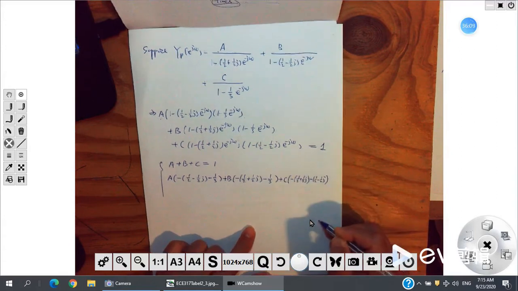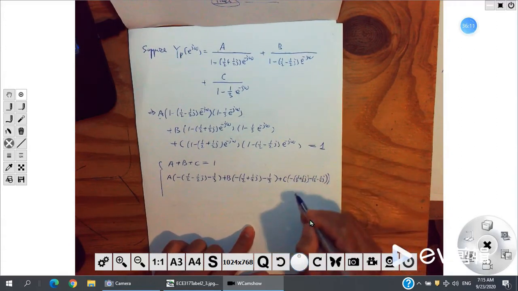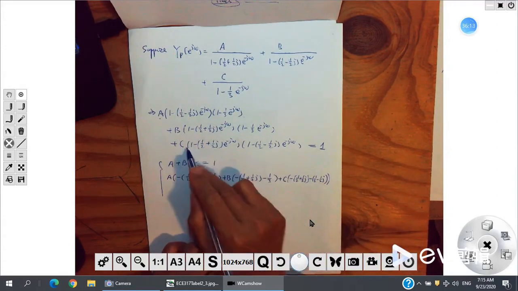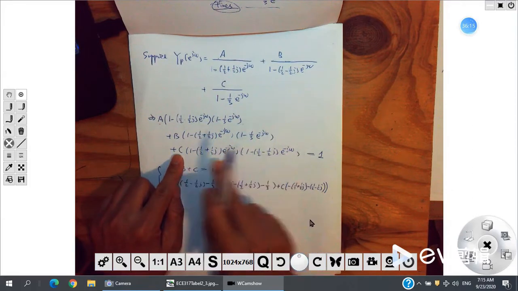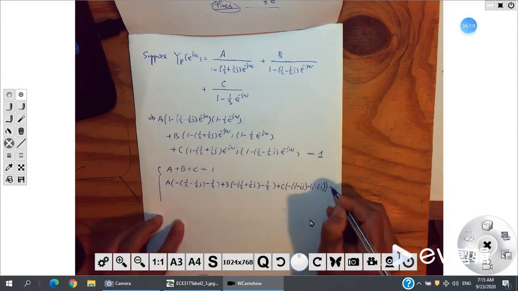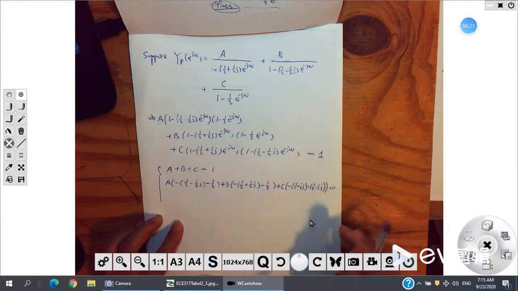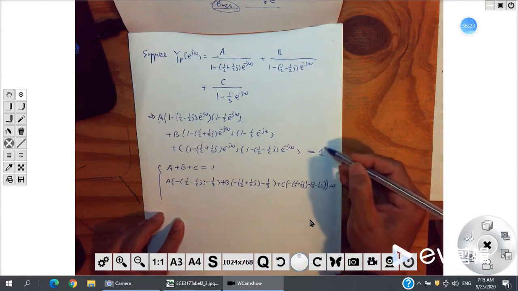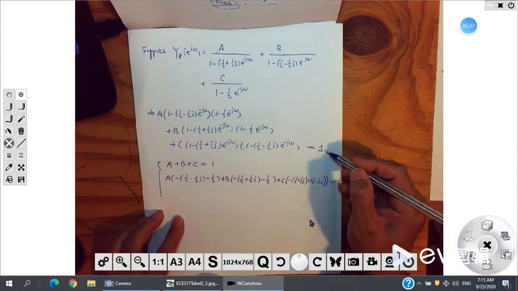Okay, so this gives us the coefficient of e to the negative j omega in the c term. Alright, summation should be 0, right? Because the right side we only have 1, no exponential power of omega.